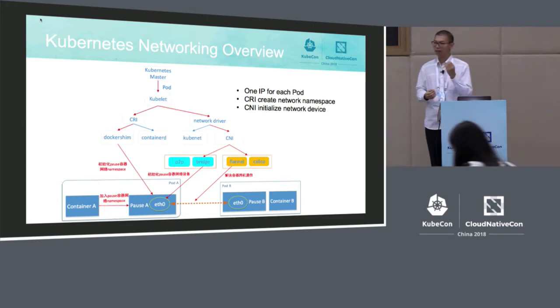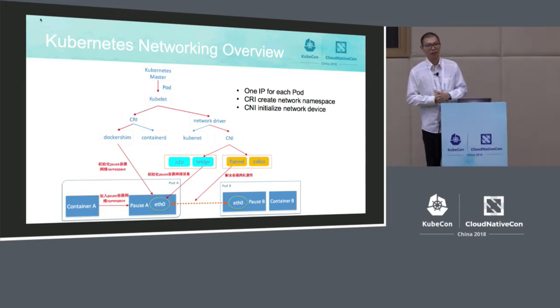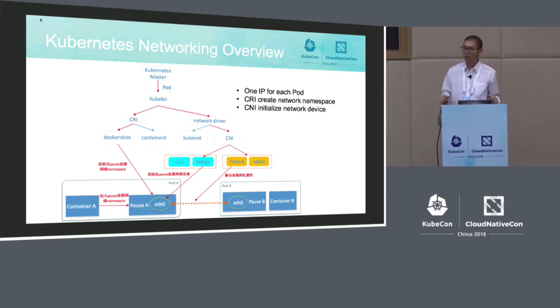There are a lot of plugins, like bridge, BGP, macvlan. If we choose the bridge network, the bridge plugin is responsible for the network that is just initialized, and it can create an interface and give it an IP address. The IP address allocation can be done by the local IPAM plugin.